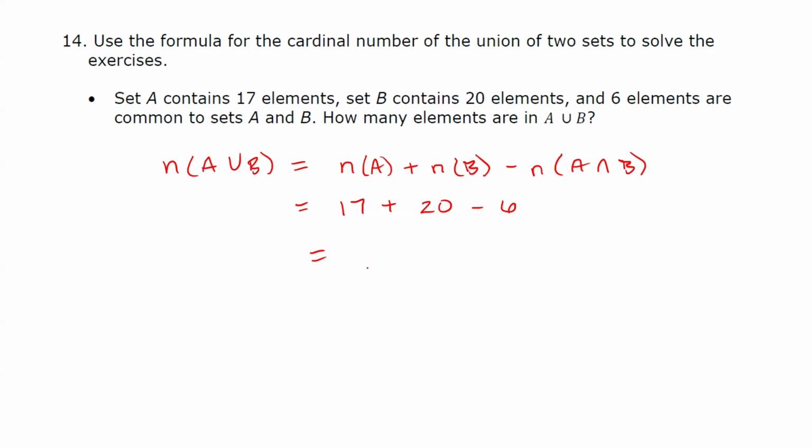So 17 plus 20 is 37, minus 6 is 31. So there are 31 elements in A and B combined.